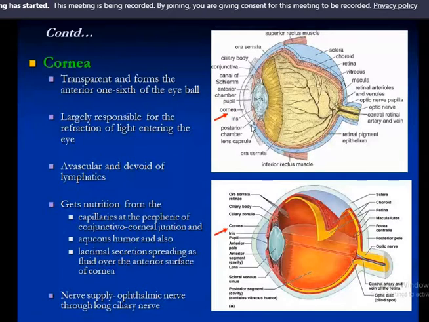Another important thing to remember is that it is avascular. It does not have any blood capillaries or blood vessels. Next, it does not have any lymphatic drainage, right? Devoid of lymphatics.